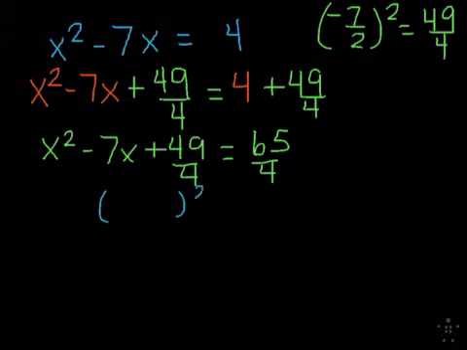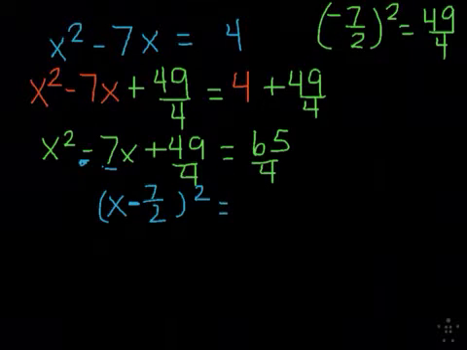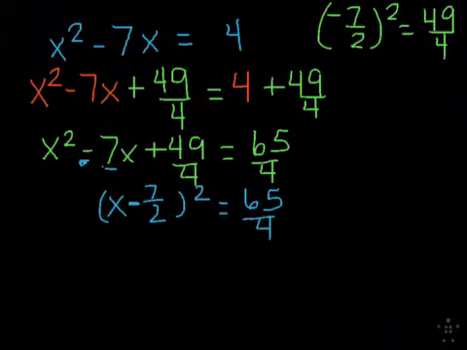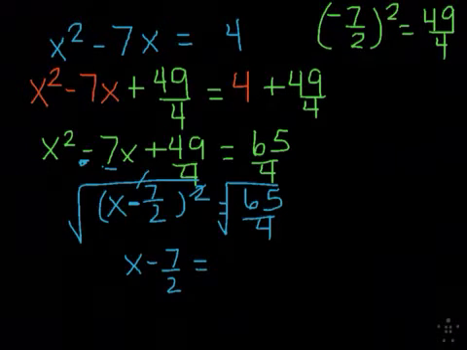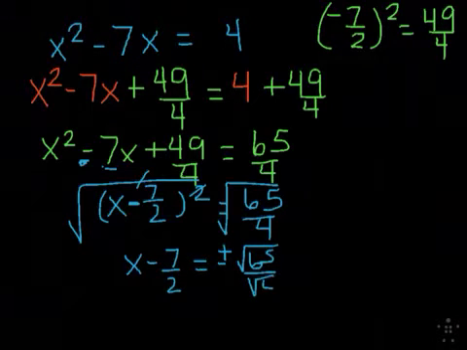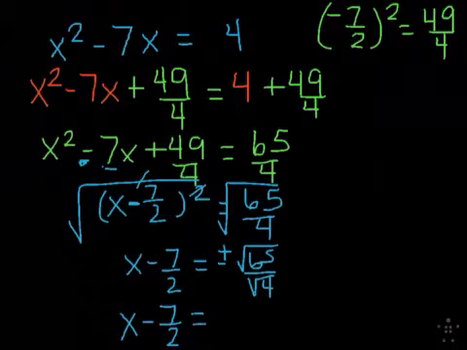Right, this side is a binomial squared. So we got x minus, because this is a subtraction sign, half of b, which is 7 over 2, squared equals 65 over 4. Square root both sides. So x minus 7 over 2 equals plus or minus the square root of 65 over the square root of 4. Remember, see if you can simplify it.